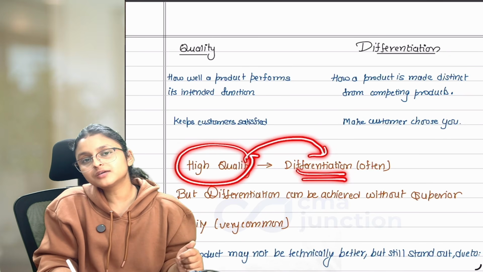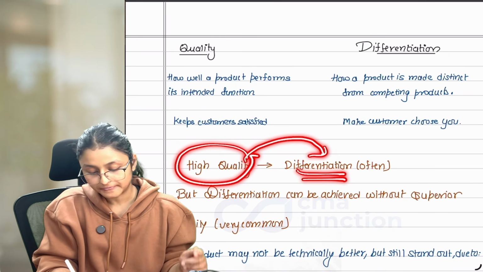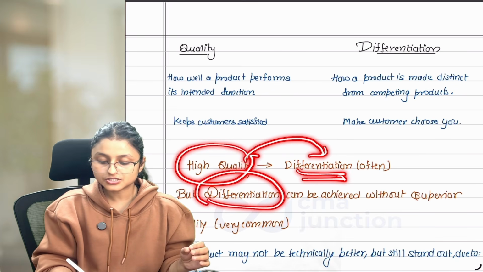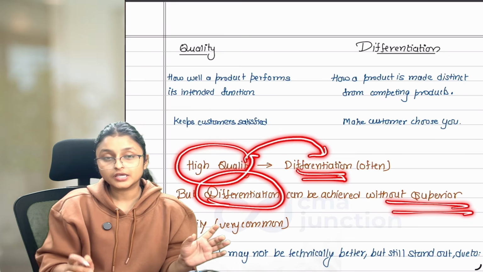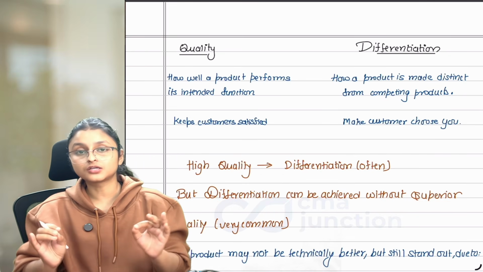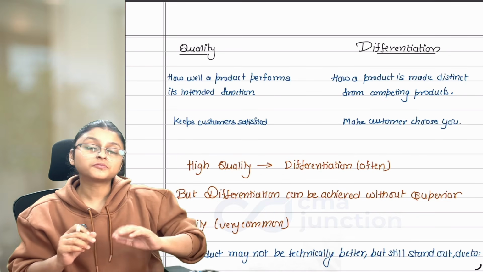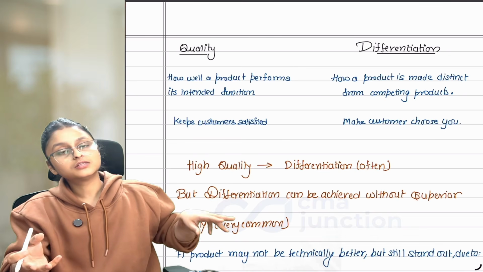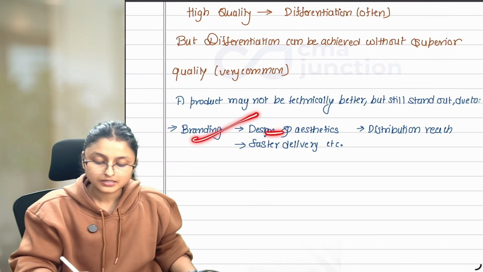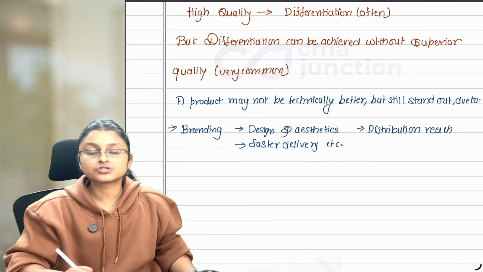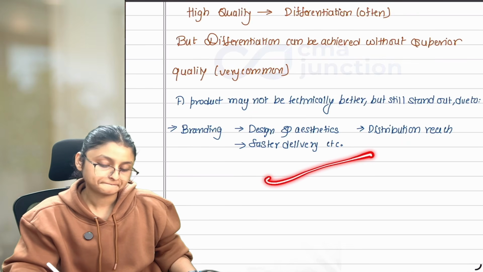But differentiation can also be achieved without superior quality. Even if the product is not able to perform its function very well, it can be differentiated through branding, design and aesthetics, distribution reach and faster delivery.